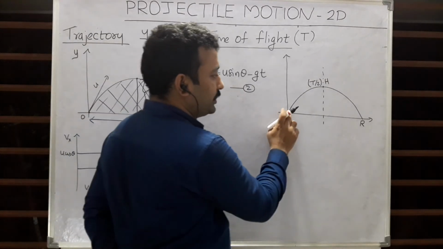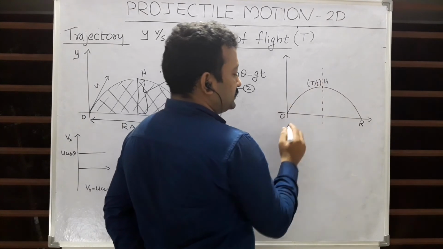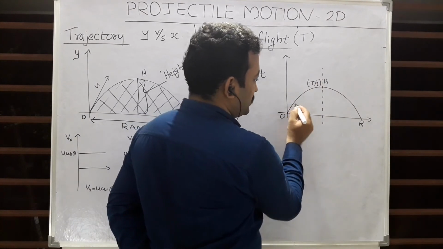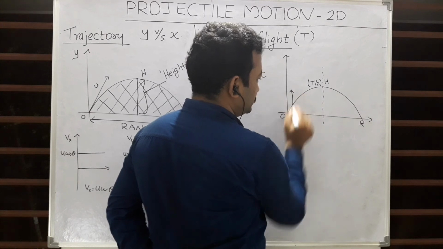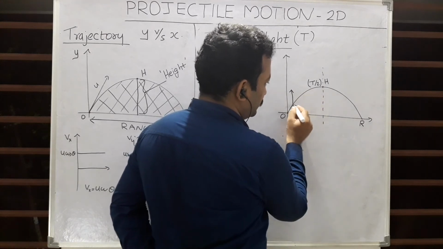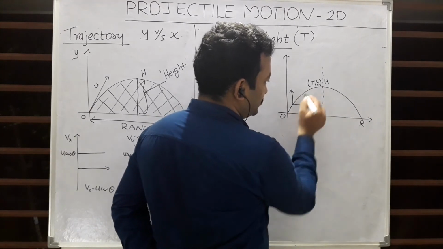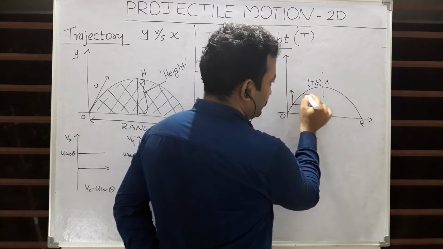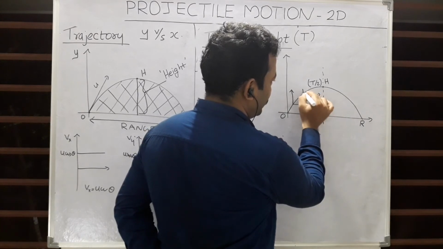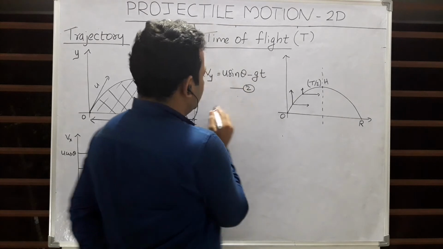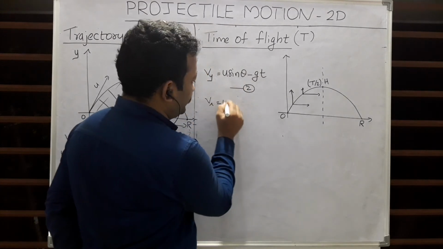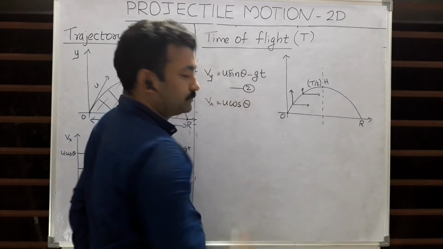When this is moving up, the y component is decreasing. At this point Vx will have this height, and at this point Vx will have the same height, but Vy must have decreased, because Vy is decreasing as per this, and Vx is equal to u cos theta always.